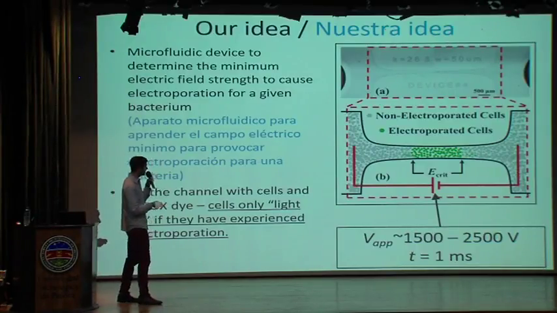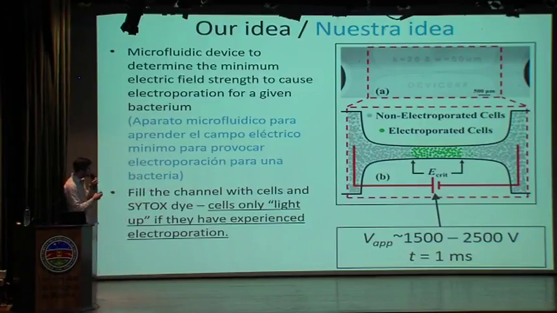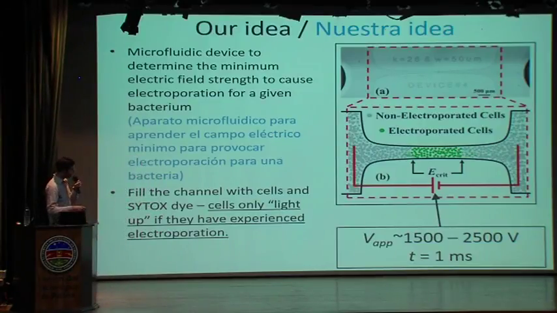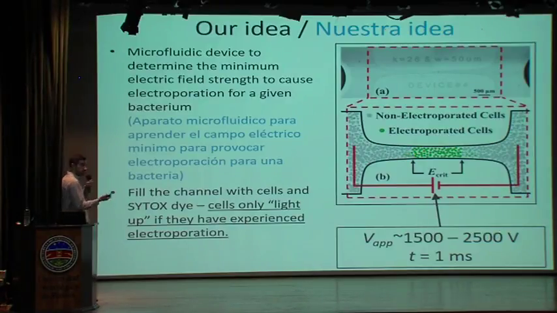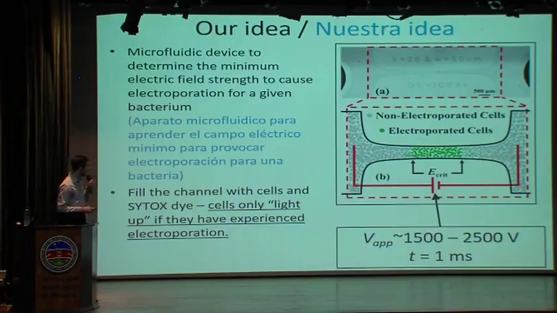And so what will happen is the electric field will actually vary with position. And only a certain subset of cells will undergo electroporation. The position where we first see fluorescence is actually where the minimum electric field is for that particular cell.